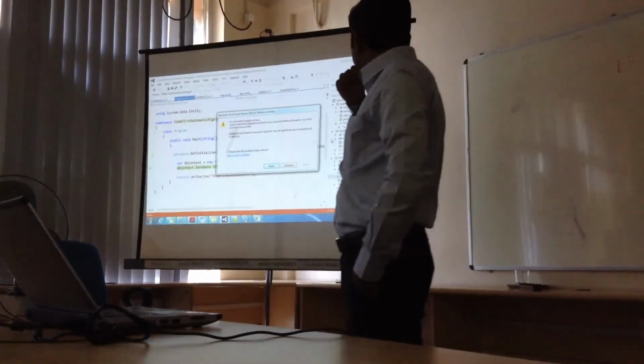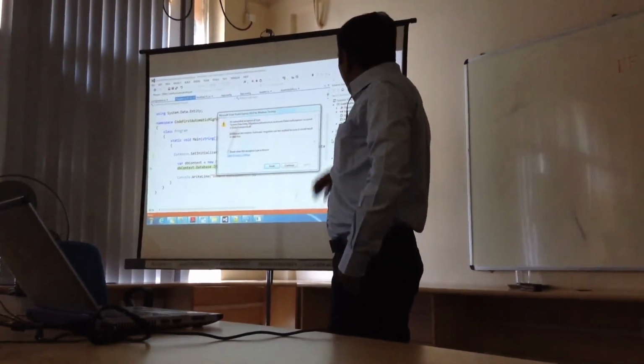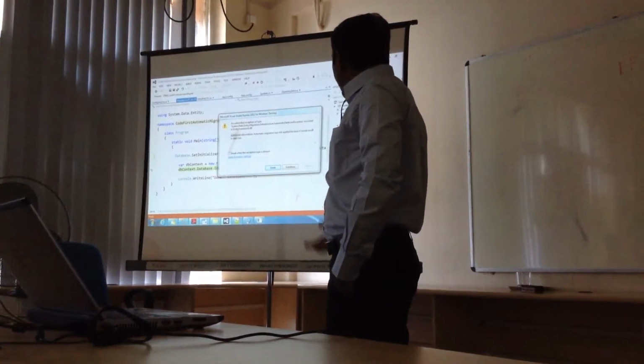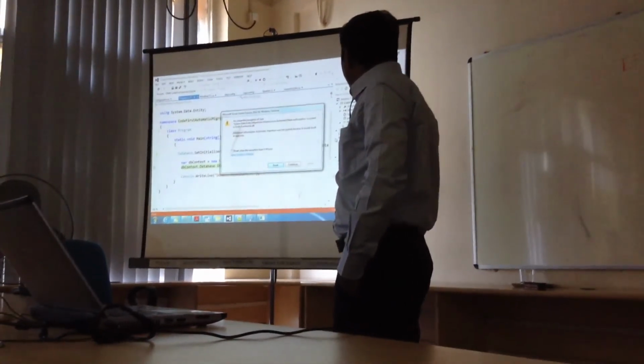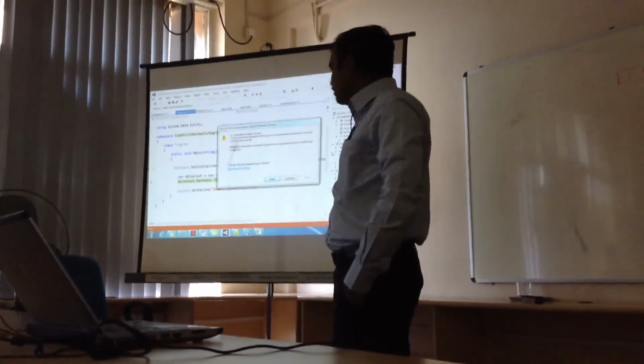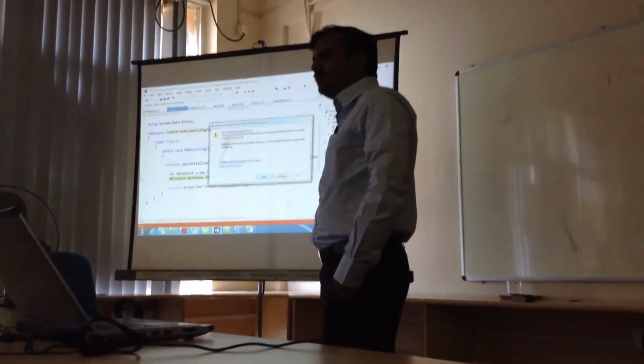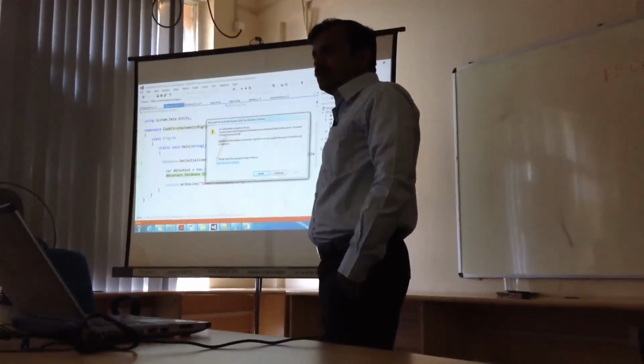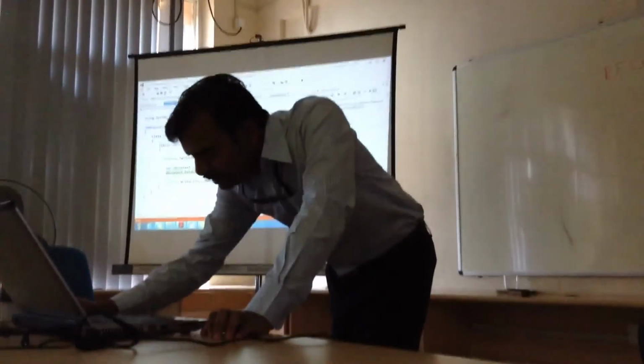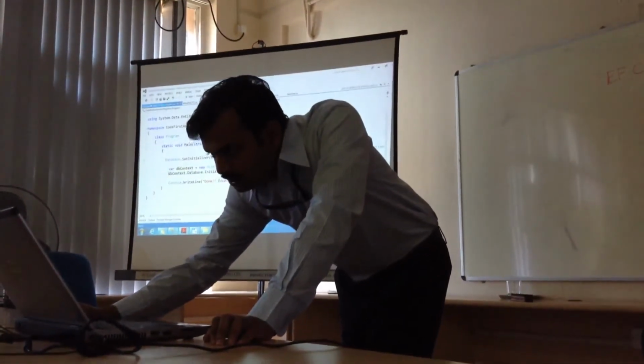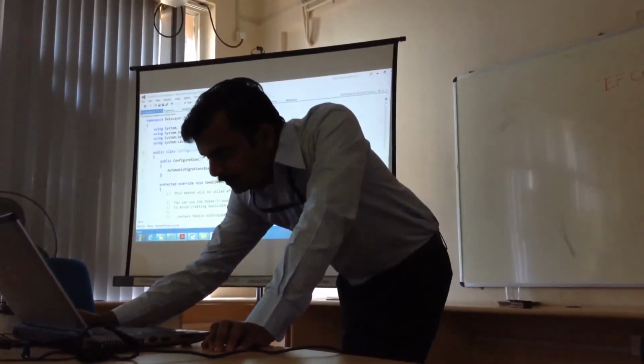See. Perfect, it automatically tells that automatic migration was not applied because it would result in data loss, right? So what we can do is let's go to the configurations.